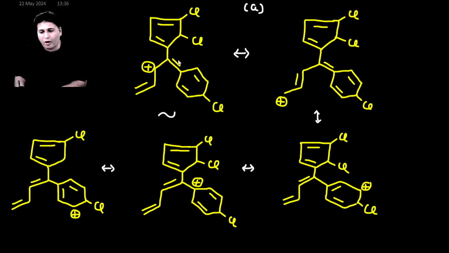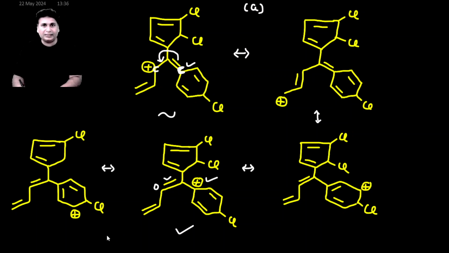Then this pi bond is going to shift like this, and you then can draw this below structure. So you can see this pi bond has gone one position ahead. This carbon will get a minus charge, and minus and plus becomes 0 formal charge. And as it has moved away from this carbon, so this carbon is going to get a plus charge, and you can see it has got a plus charge.